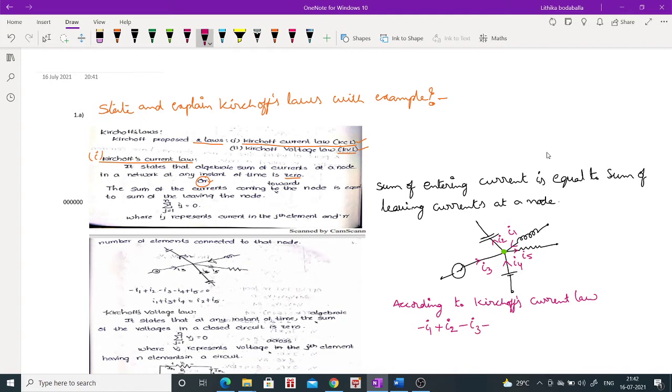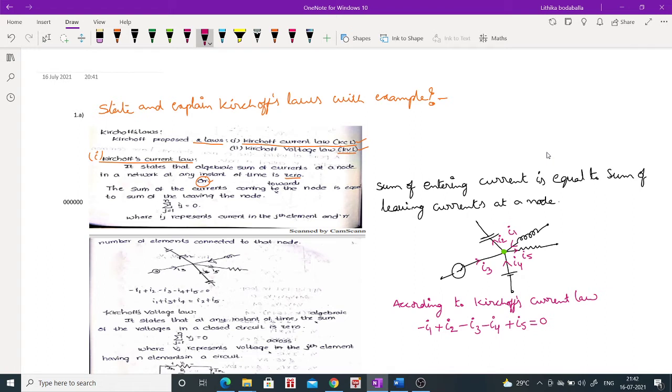I4 is also coming towards the node, so it is also negative, minus I4. I5 is leaving the node, so it is plus I5. Now all the currents are added. According to Kirchhoff's current law, the algebraic sum of currents meeting at a node is equal to 0, so I make this equal to 0.